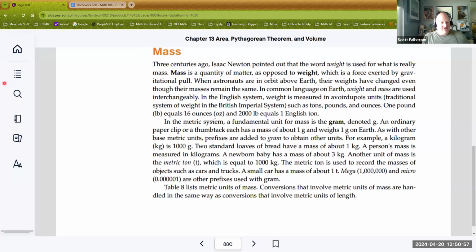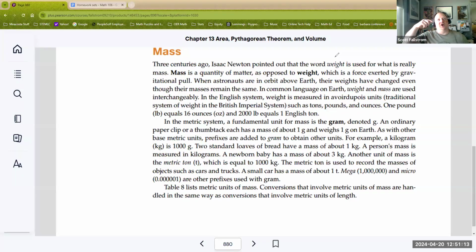We have a little bit of an issue because weight actually is a force exerted by gravitational pull, whereas mass is a quantity that can be kind of universal. So if you go to space, you still have some mass, but your body doesn't weigh anything because there's no gravitational pull.